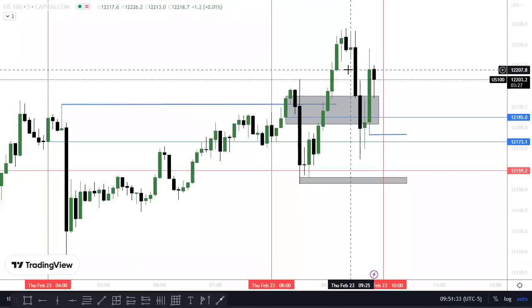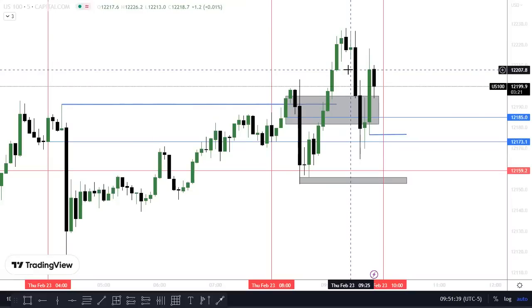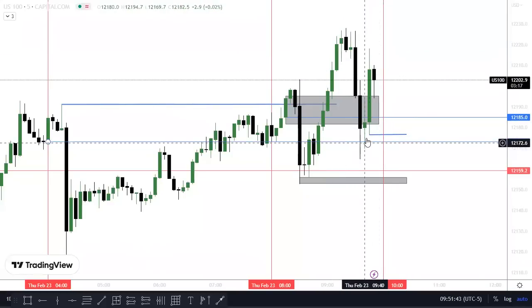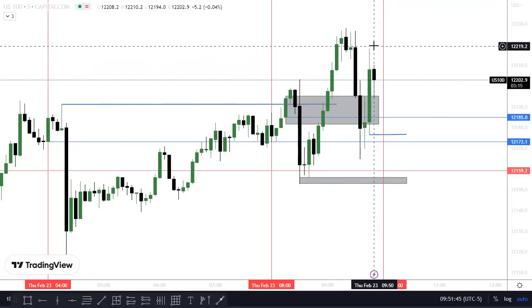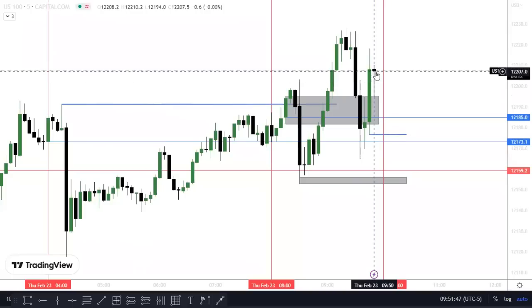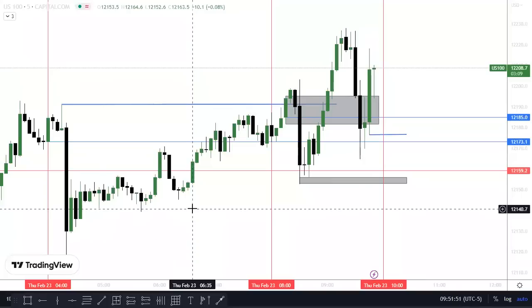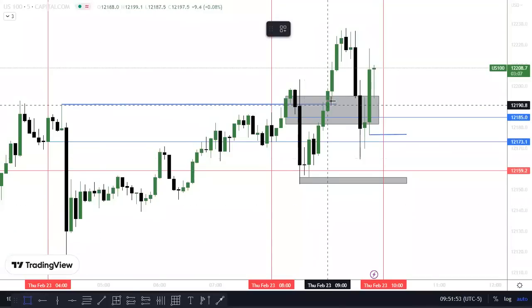So now we talk about managing a potential trade. Let's say you just got in this trade. How would you manage? Well, since I believe that in my model, if we take here, there should be no reason to go higher, I will accept risk while we're here.